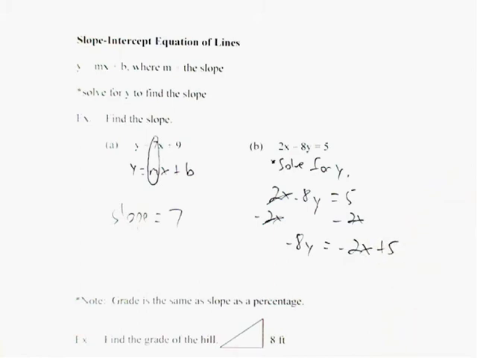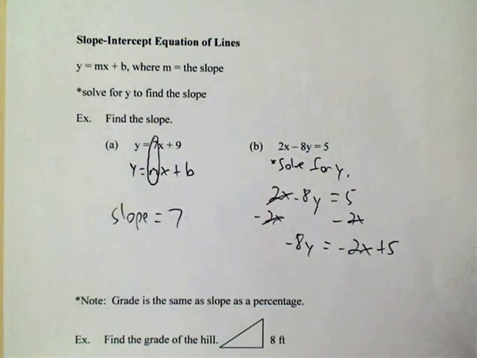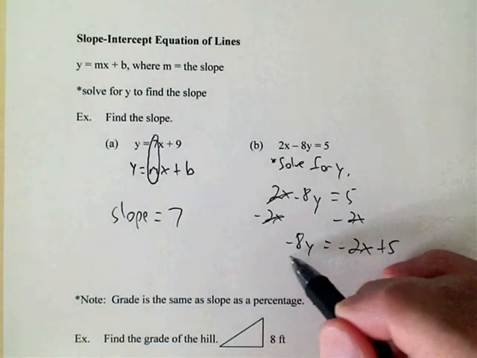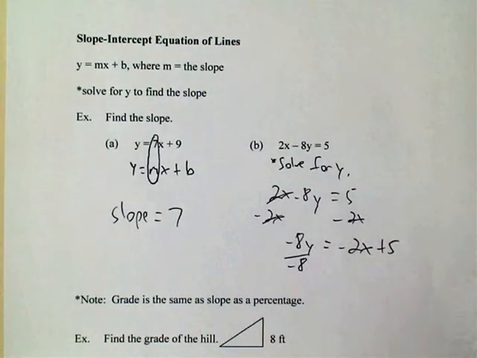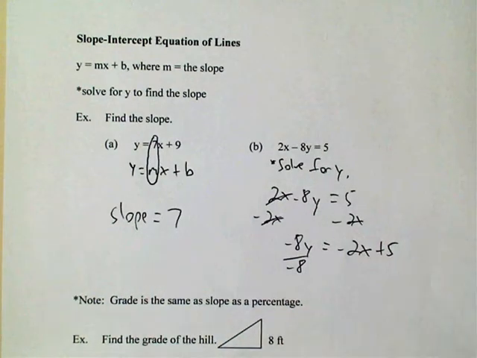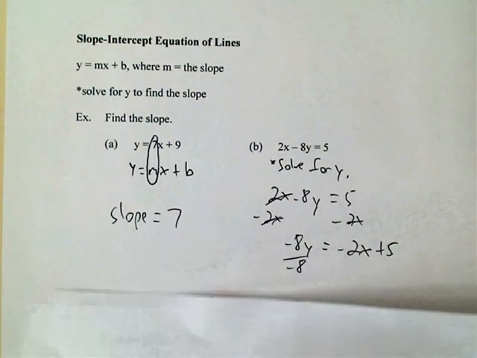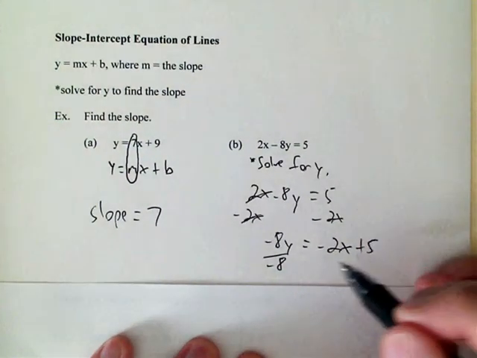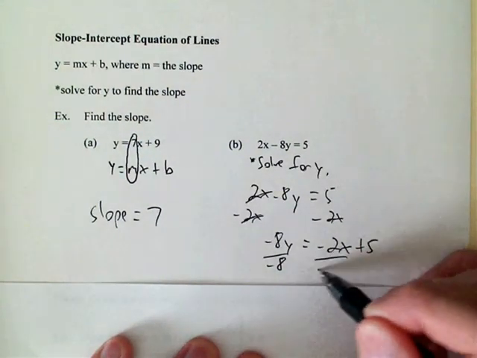I like to write the x term first. Now, on this one, we still don't have y by itself, but we will as soon as we divide by negative 8. Now here's what you want to do to make sure that you don't make any common mistakes. When you divide by negative 8, I highly recommend dividing each of those terms by negative 8.